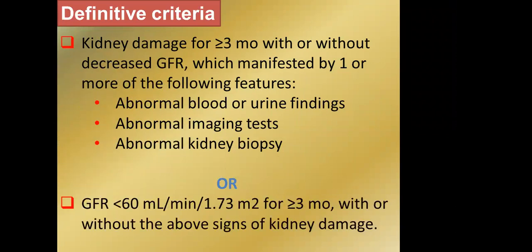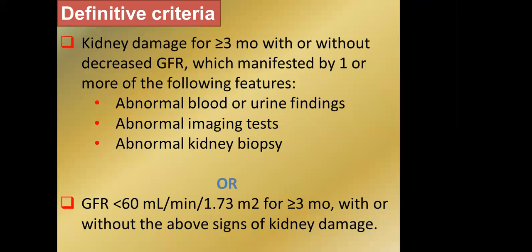Or the presence of the following, in addition to the first one, that is, in the presence of kidney damage or not: a glomerular filtration rate less than 60 ml per minute per square meter for more than 3 months, with or without the above signs of kidney damage.